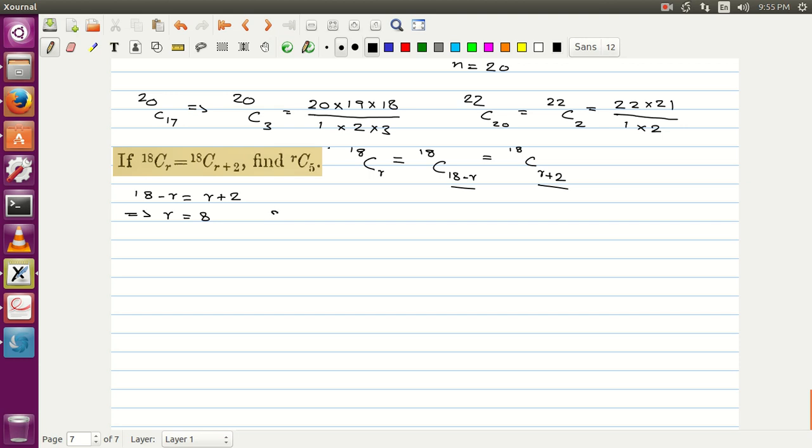We have to find rC5, which is 8C5, which is the same as 8C(8 minus 5), which is 8C3, which is going to be 8 times 7 times 6, 3 terms in the numerator, divided by 1 times 2 times 3. So the 6 cancels, and you get 8 times 7 is 56.